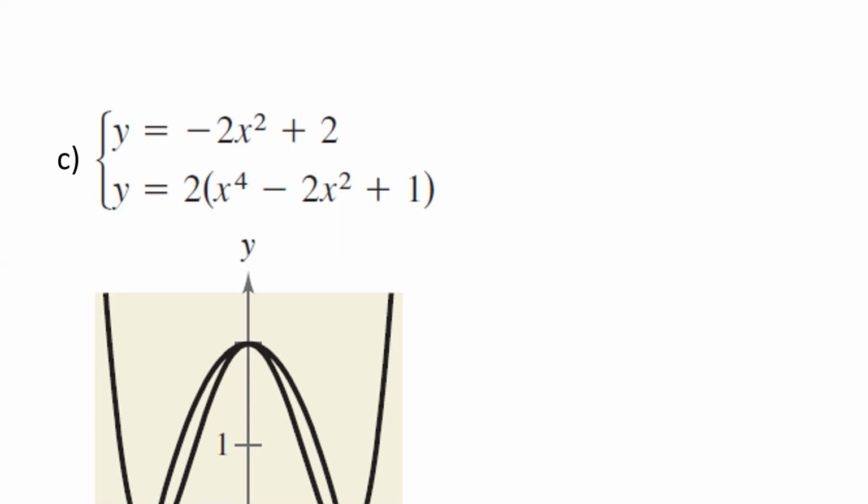Still, we're thinking about substitution, but notice both of them are equal to y. That's exactly how you want it. You want both equal to y because we're going to substitute.